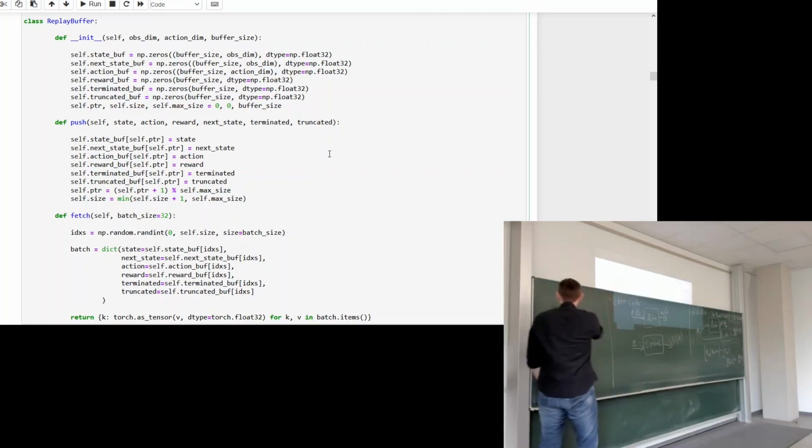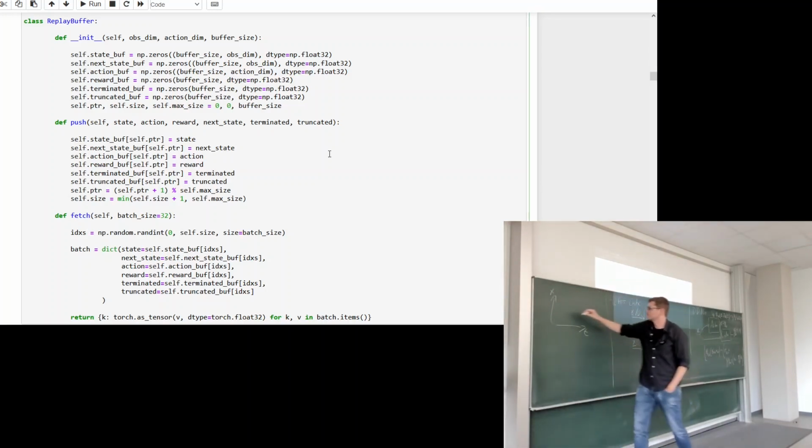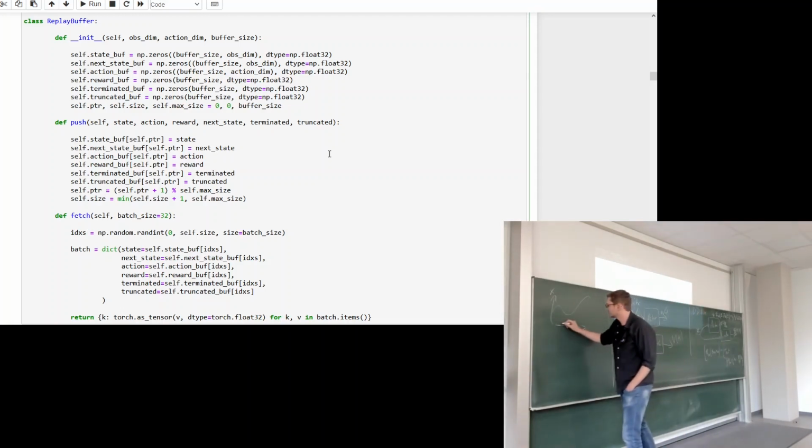So if you sample some trajectory on whatever environment, you sample data, right? This is now our scalar state, for example. We sample this trajectory, and this is maybe the data that we get out of it.